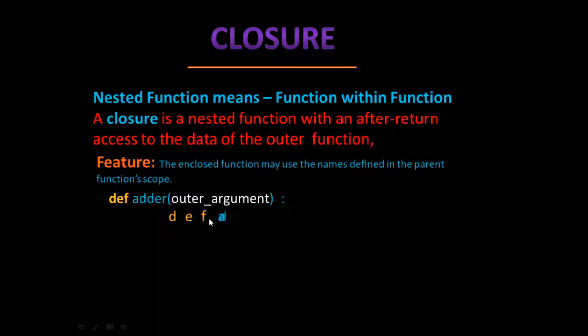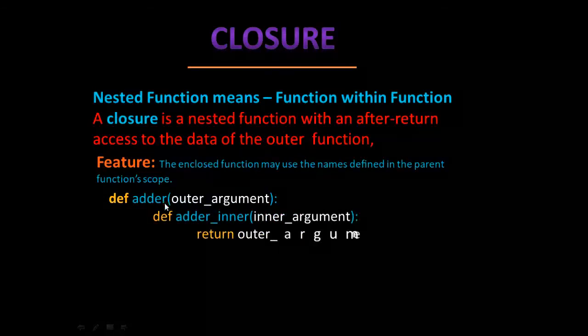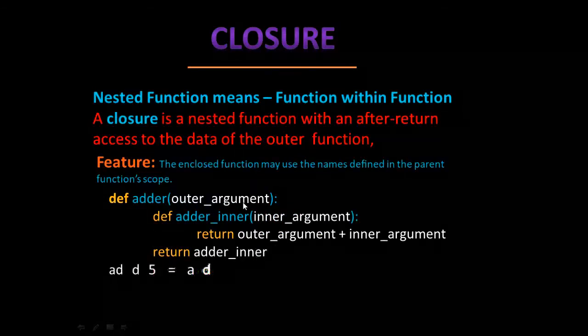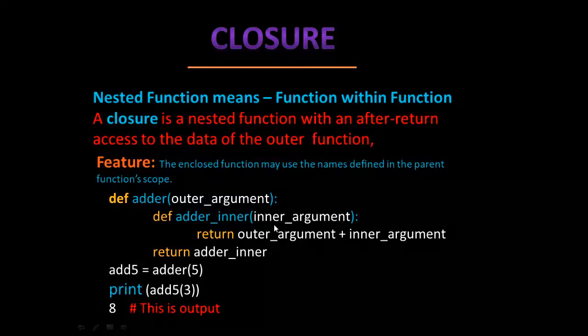Let us suppose we have an adder function and it is getting an outer argument, and now I am adding another method under this adder, called adder_inner, and it is getting another argument called inner argument, and it is returning outer argument plus inner argument.